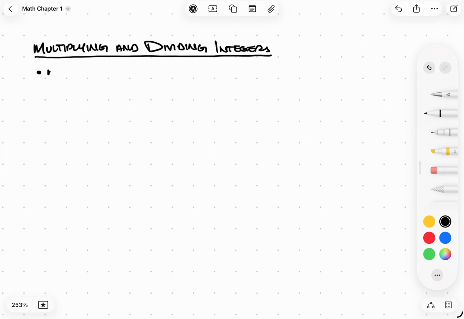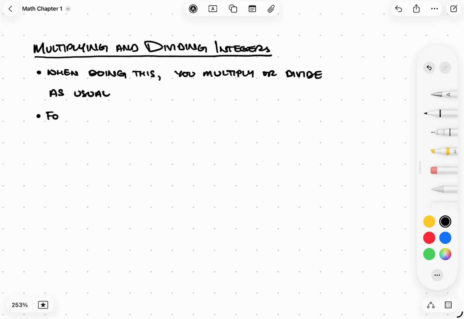So when you multiply or divide, you multiply or divide as usual. Don't worry about what the numbers are, but instead focus on the sign.